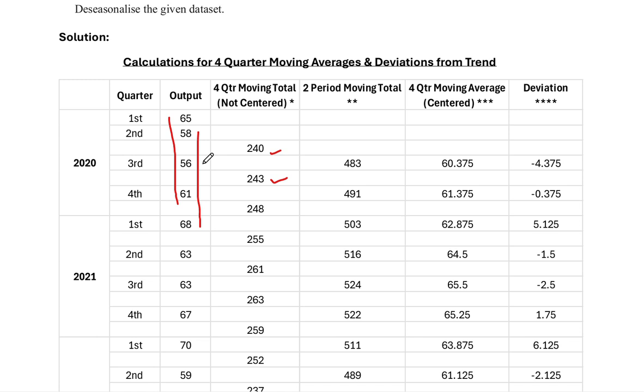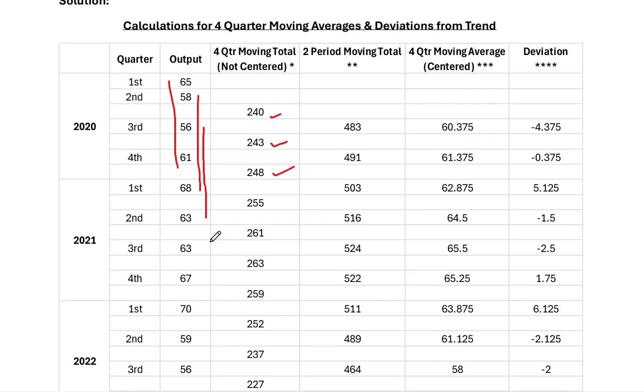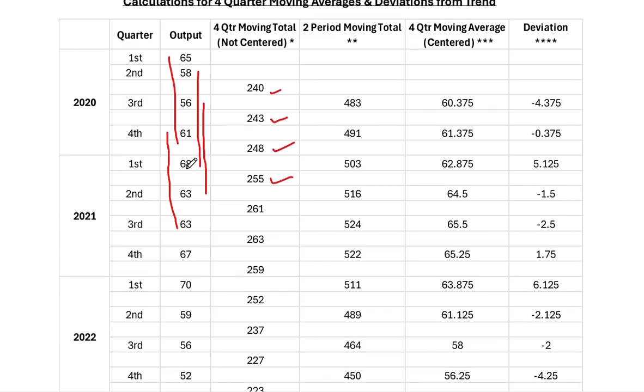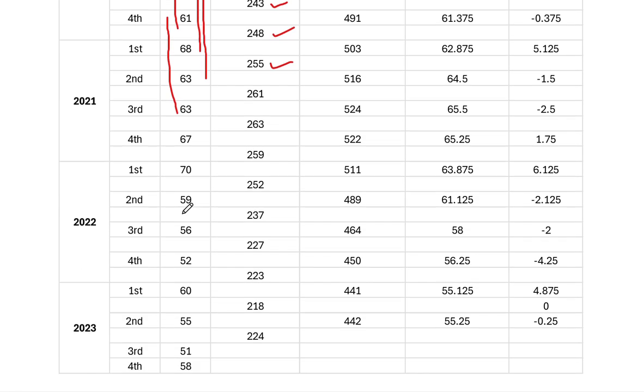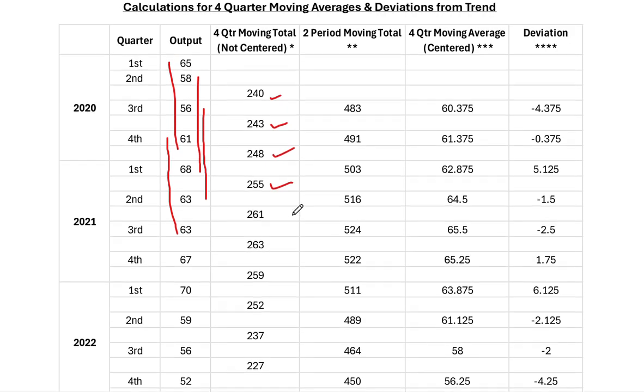So in this we will include 56 plus 61 plus 68 plus 63. So total of all 4 will be 248. Now we will exclude 56. So in this we will add 61, 68, 63, 63. These 4. Total of these 4 is 255. In the same manner, we will calculate for 4th quarter up to 2023.